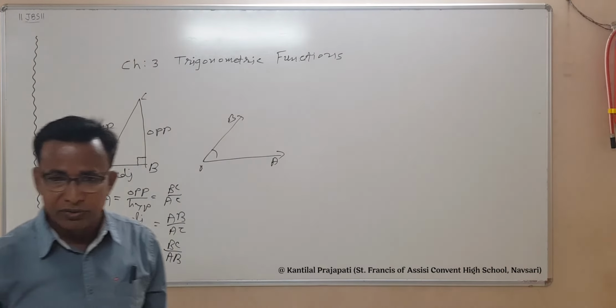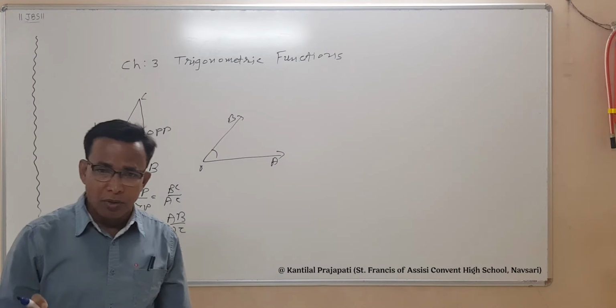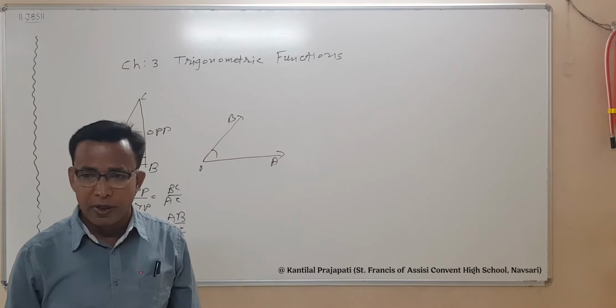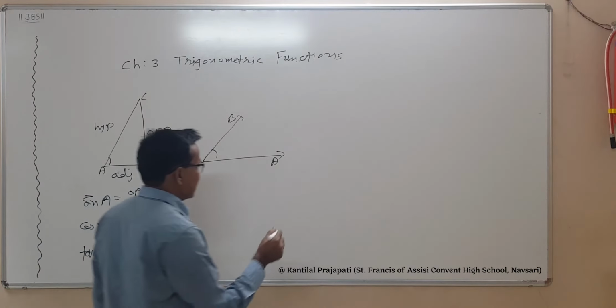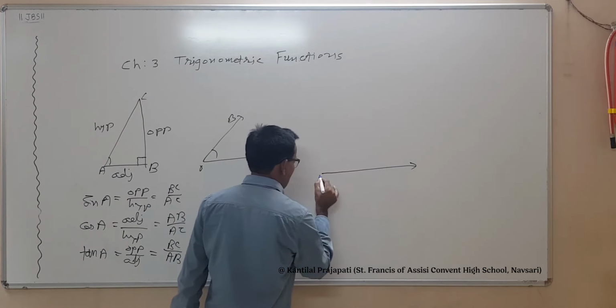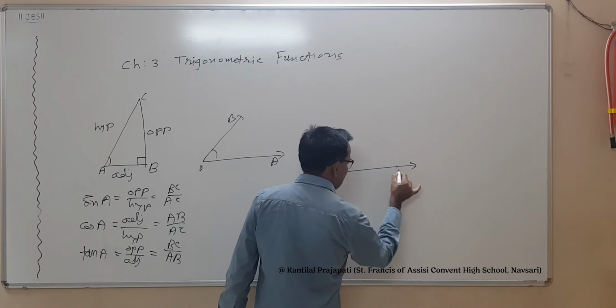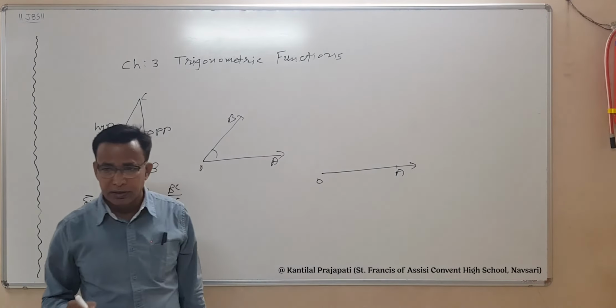But in 11th science we define it in a different way, as the amount of measure of rotation of a ray. So we consider a ray here with initial point O and end A. Ray OA we consider.